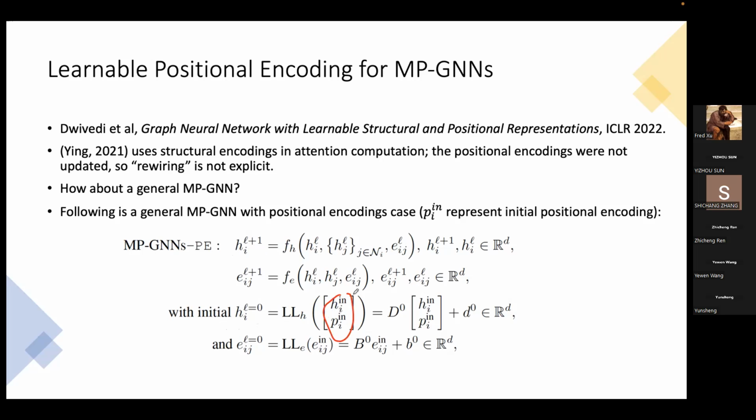Basically, they add additional node level features, and then they do this linear transformation as their input. So this paper is going above this paradigm. They actually do something more than this.